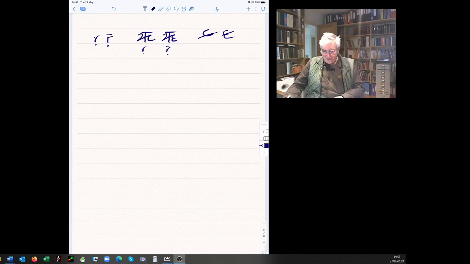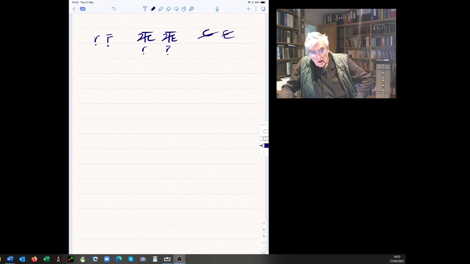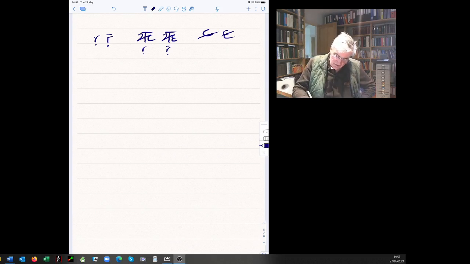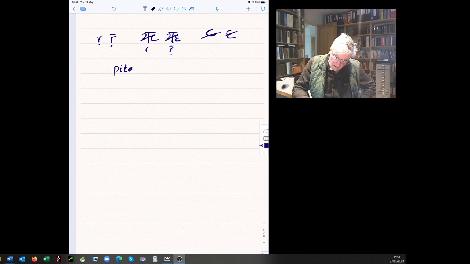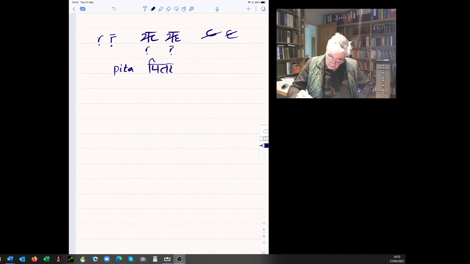This long r you won't find very often. You'll find it in the genitive plural of relationship names, for example, pita, meaning father. I'll write that in Devanagari. Notice this short i comes at the beginning. The genitive plural of the fathers is pitṝṇām, with a long r, and that is written like this.